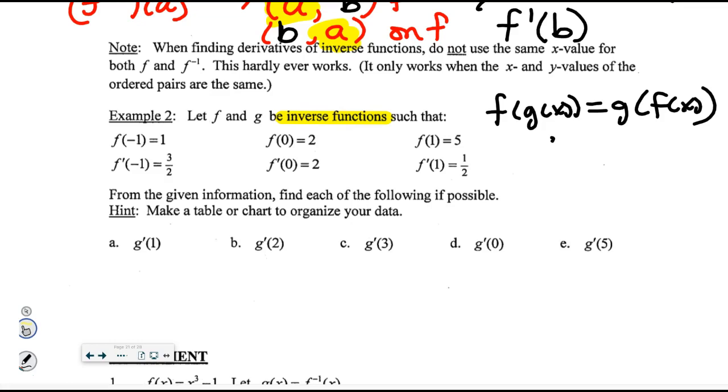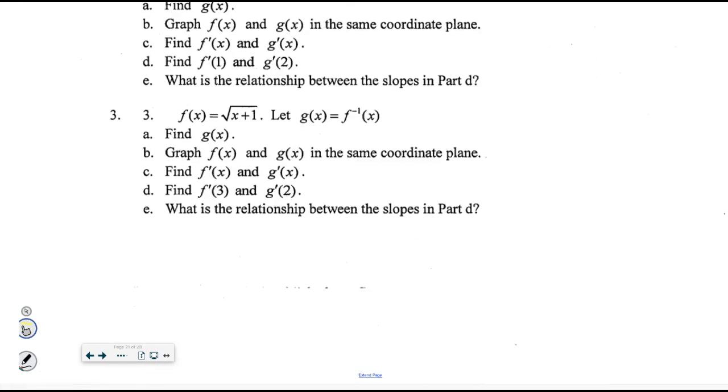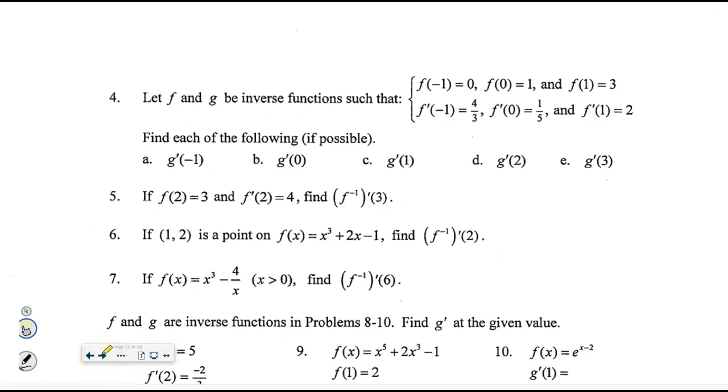Sometimes it'll say G is equal to F inverse of X. So it might actually say they're inverses, or it might give you the notation for inverses, or the algebra 2 idea that when you put one into the other and the other into the other, they're the same. Okay? So let's go take a look at the type I want you to know how to do. Again, there's a lot of info in here, but we're just going to see if we've got it down, and then I'm going to let you guys go play.